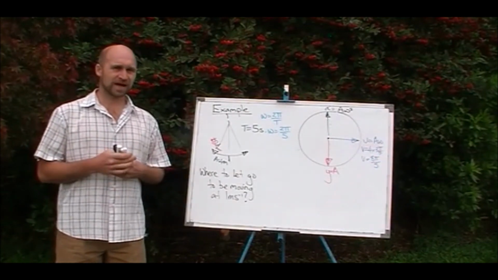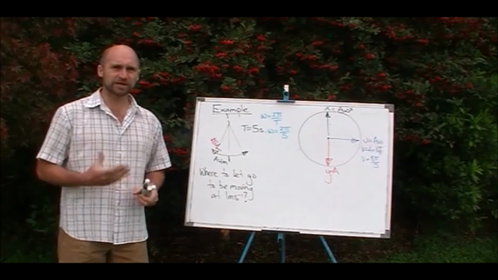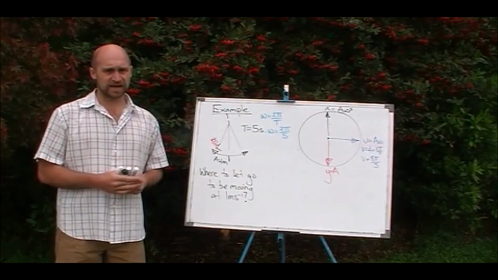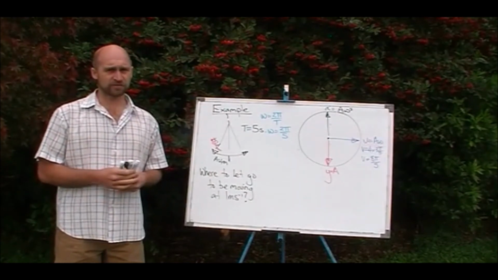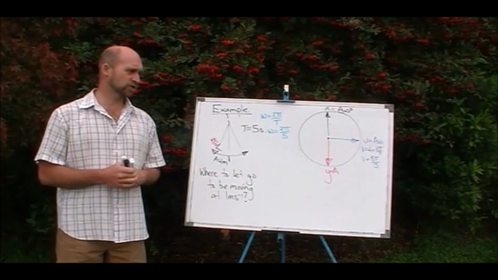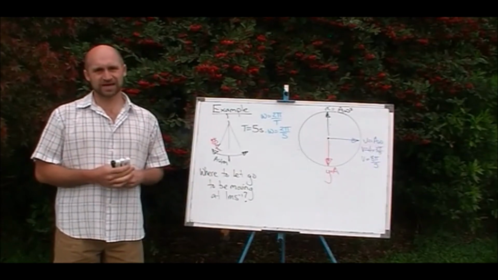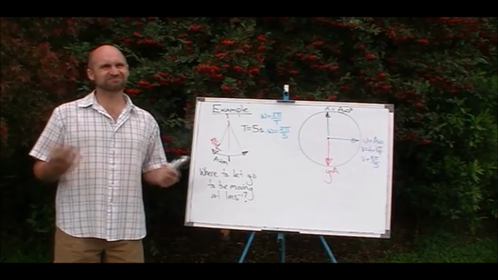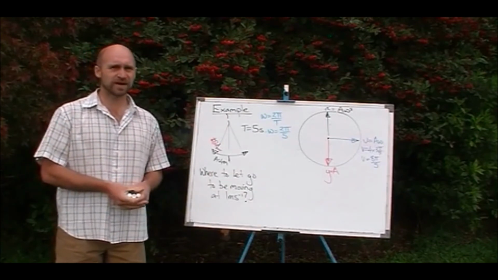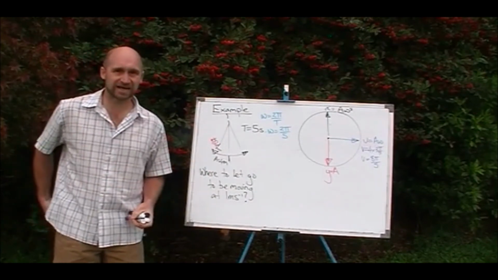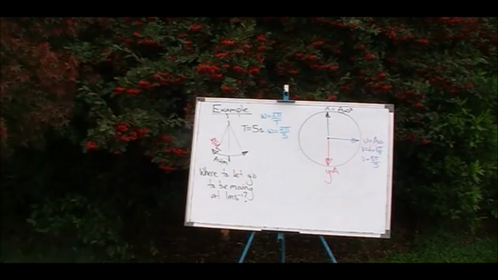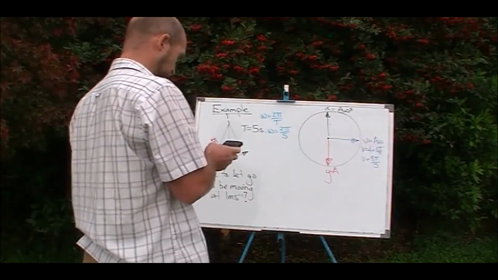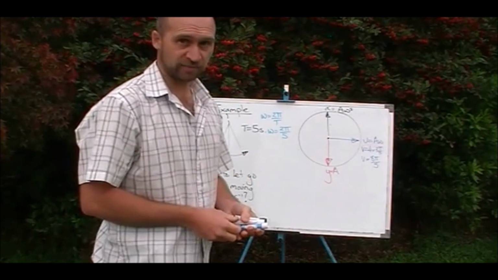And 8 pi over 5, it's probably not a bad time to turn that into a number. We know that it's going to be around about 4 or 5-ish, but we can work out exactly what it is now. 5.03.